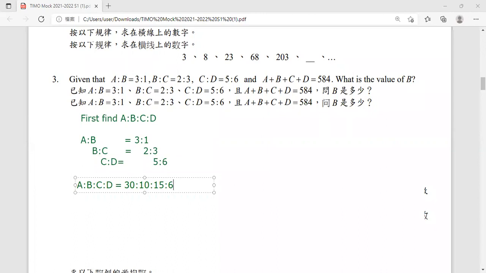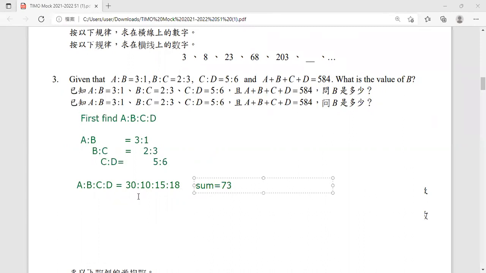So the total part is, oh, this is good, it's 80. The sum here will be 30, 30, 15, which is 73.